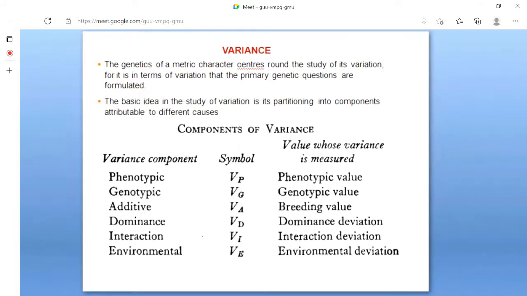Then the genotypic variance, which we divided into additive, dominance, and interactions. So these are under the genotypic variance.